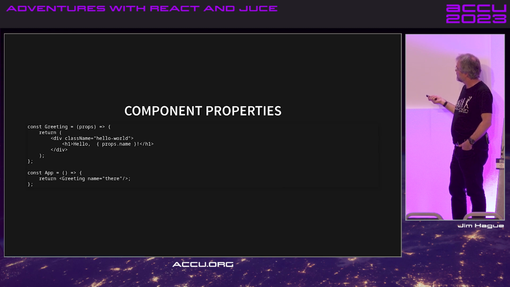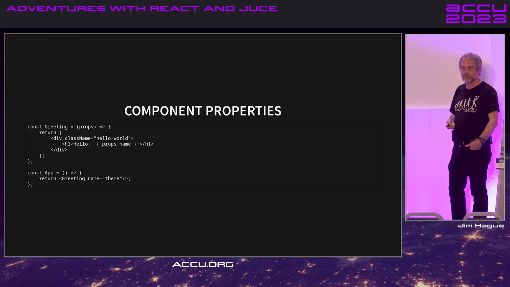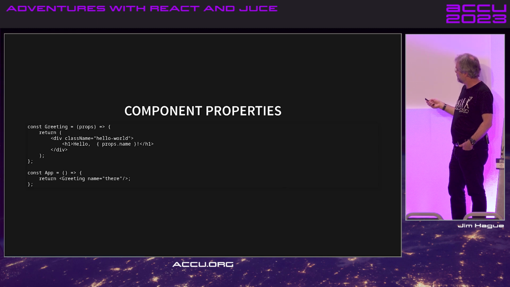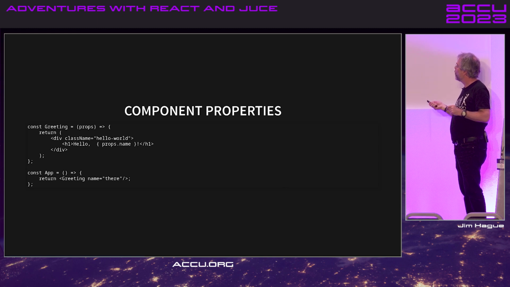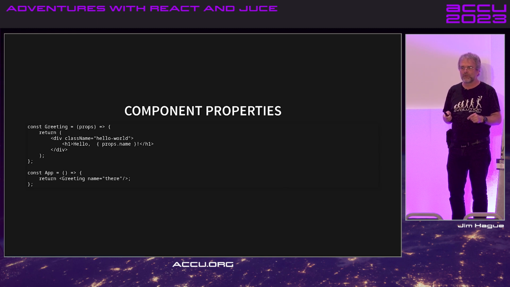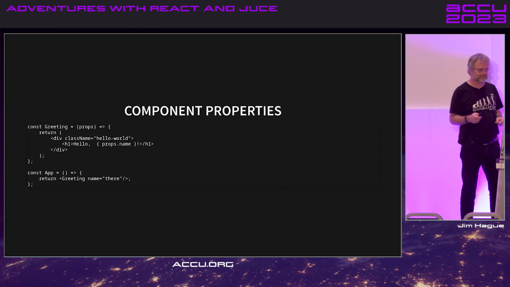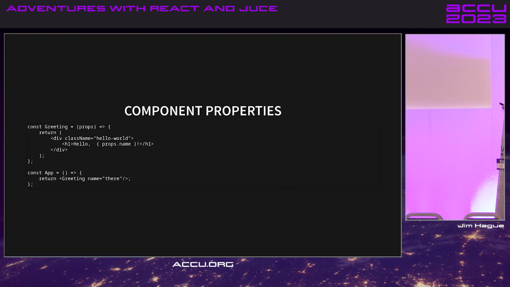So as you can see here, the effect of this is to return hello, comma, there. You are effectively passing a parameter into the code that is generating your greeting component. And one important thing here is that when any of those property values change, React will re-render the component and everything underneath it, all its children as well.